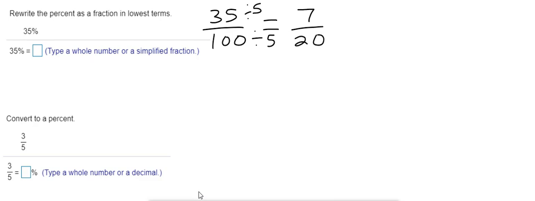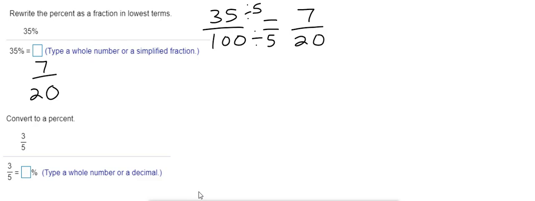Then I would look to see if there is a common multiple, and there's not. 7 is prime, so therefore 7 over 20 is our simplified fraction that represents 35%.